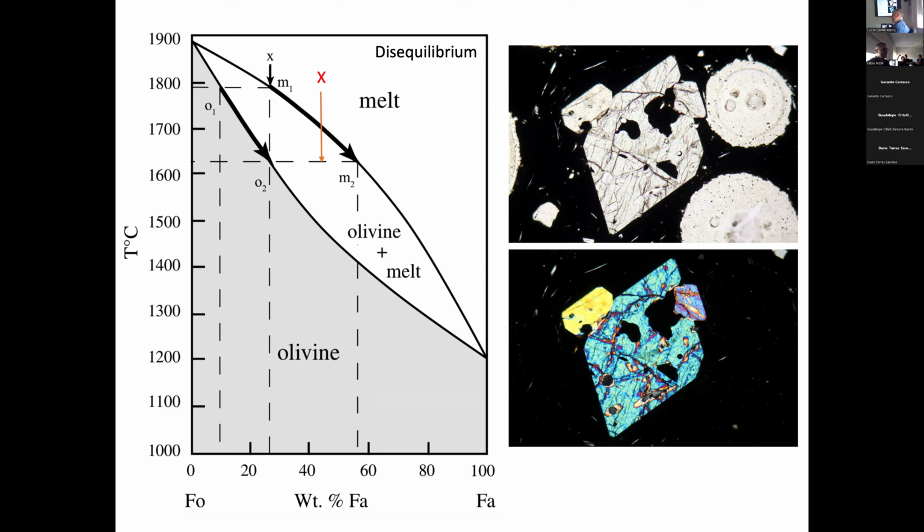So it depends on this fight that you mentioned before: how quickly you cool down or decompress your system, how fast the kinetics will react. This will change how you approach equilibrium.